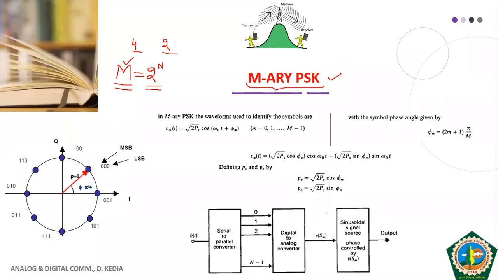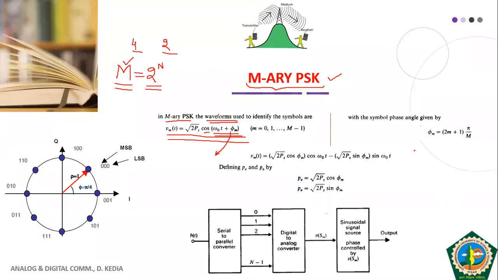symbols. As I have already told you, in M-ary PSK we generate sinusoids with different phases, depending on how many digital symbols we want to transmit. So in M-ary PSK, the waveforms that we use to identify the symbols can be represented as root 2 Ps cosine of omega naught t plus phi m. Here omega naught t is our constant carrier frequency, and phi m is the corresponding phase of the constant amplitude waveform that we use for our PSK.